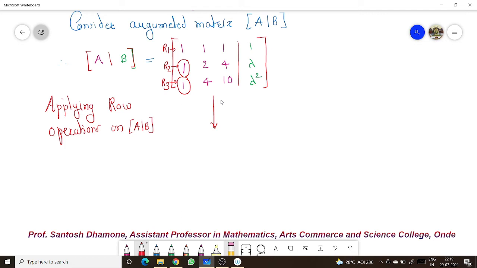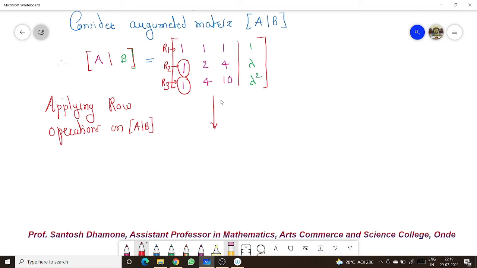So consider the augmented matrix AB, which is equal to the matrix 2, 3, 5, 7, 3, -2, 2, 3, lambda, and the solution matrix B is 9, 8 and mu.